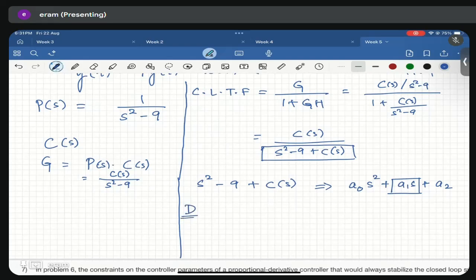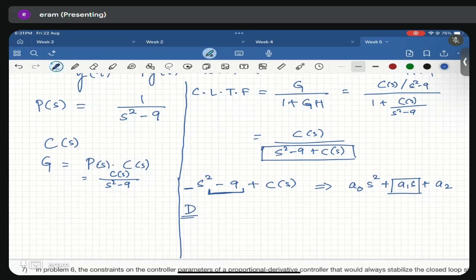And then we also have to ensure that all the coefficients have no sign change. Since the s square coefficient is positive, we should ensure all the coefficients are positive, but here we can see that this coefficient is negative. So how can we compensate it?